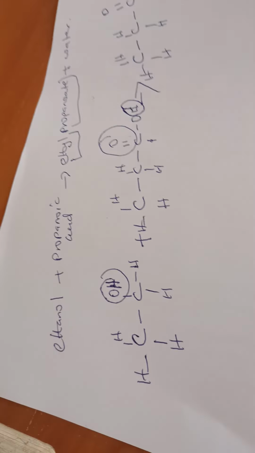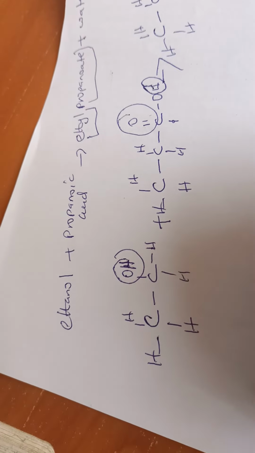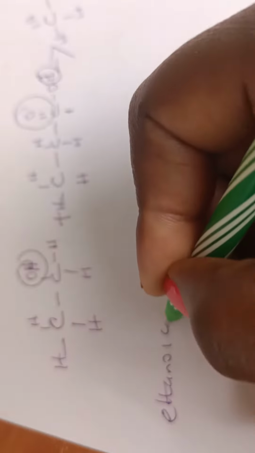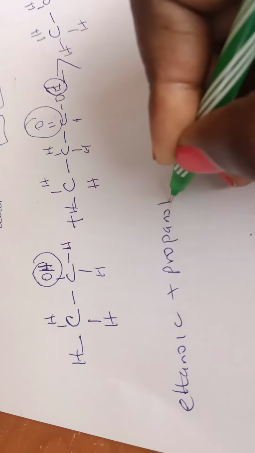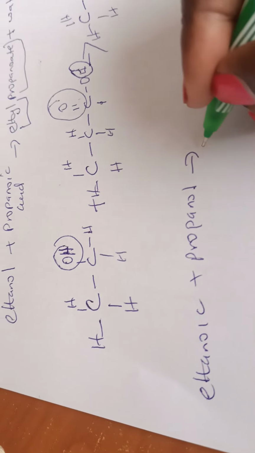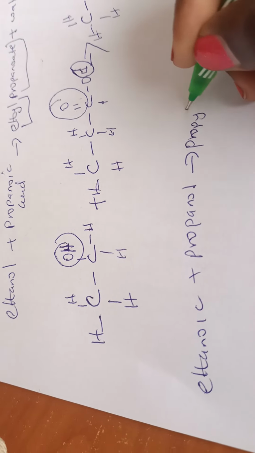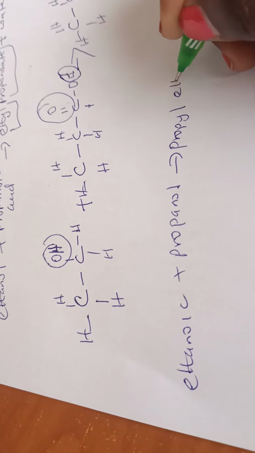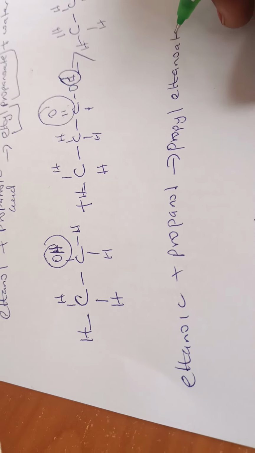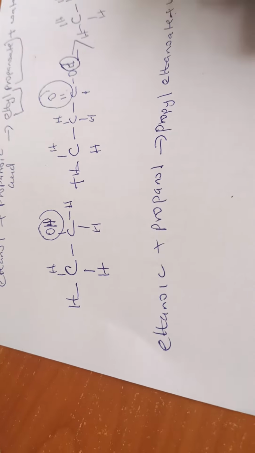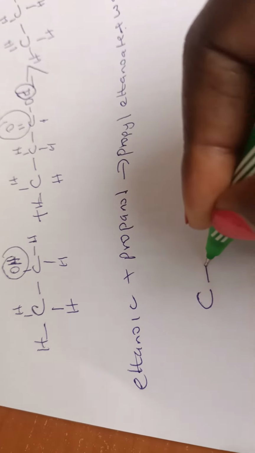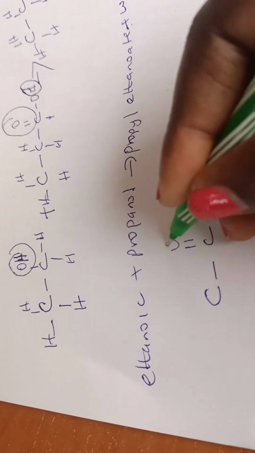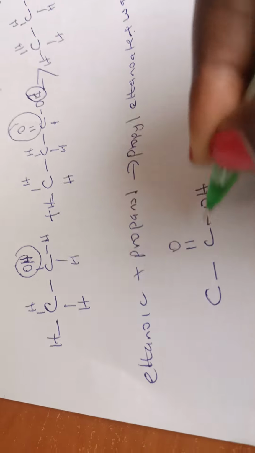The second example is when you change and have ethanoic acid plus propanol. The name starts with the alcohol, so the name is propyl ethanoate plus water, of course. When we come to draw the structure, we have ethanoic acid, 2 carbons, drawn there.